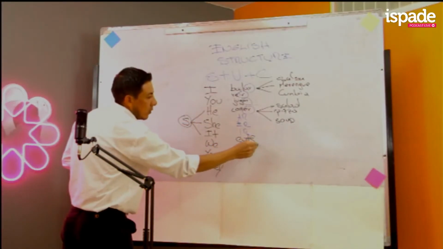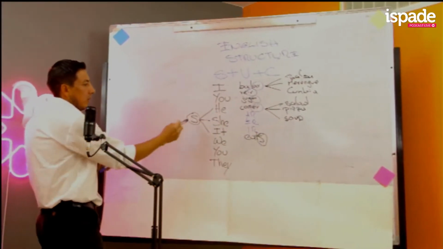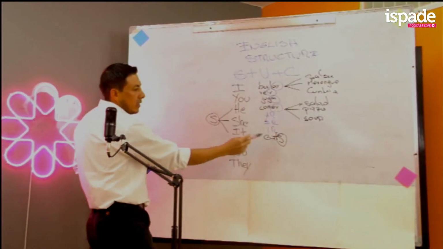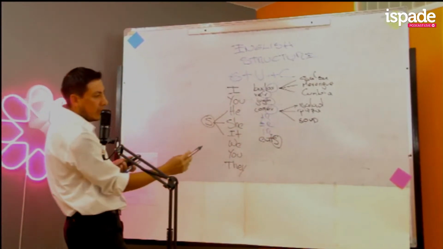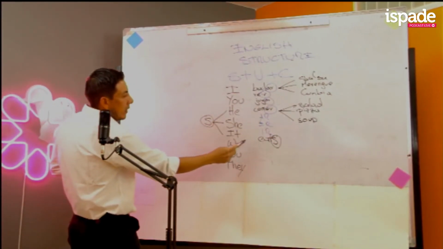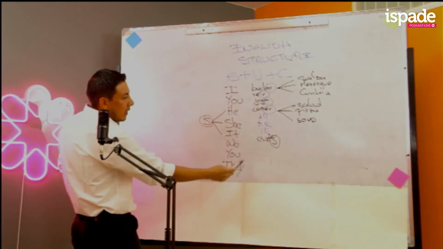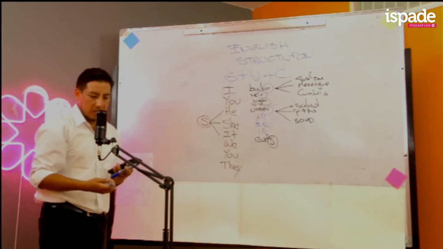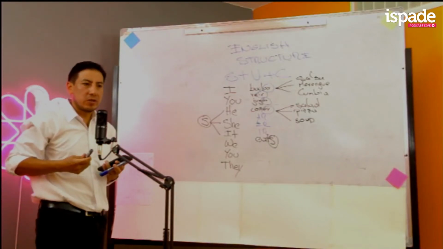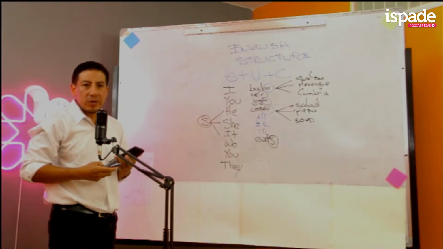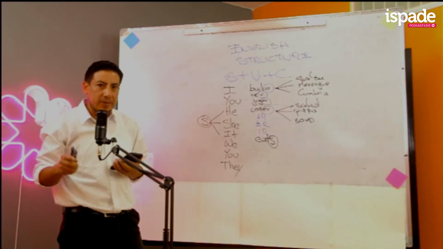He eats with the letter S. He eats soup. She eats pizza. It eats salad. We eat salad. You eat pizza. They eat soup. Okay, now we know the structure. Let's start with the tenses. Let's start with the present tense.